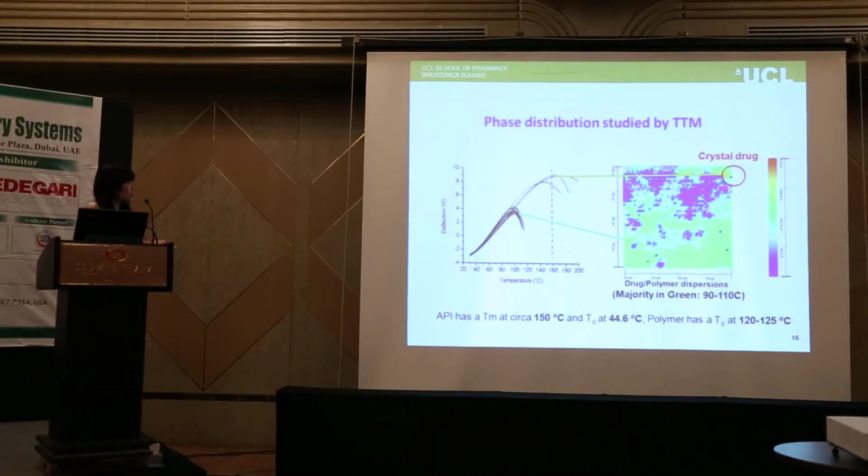You can tell that in this system you have at least 1, 2, 3, 4 phases. If you can recognize here, there's a really red dot over there, which we ascribe to the remaining crystalline drug. I don't want to go into too much detail, just give you the general information. If you use TTM, you can really easily tell what your drug distribution is in your system.